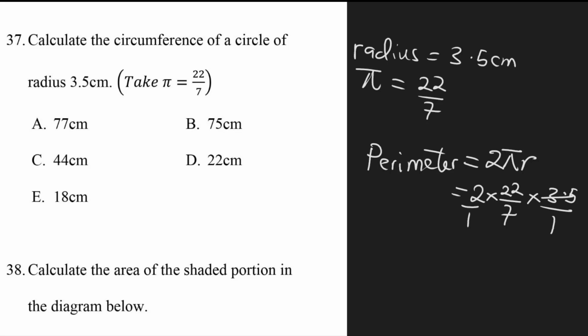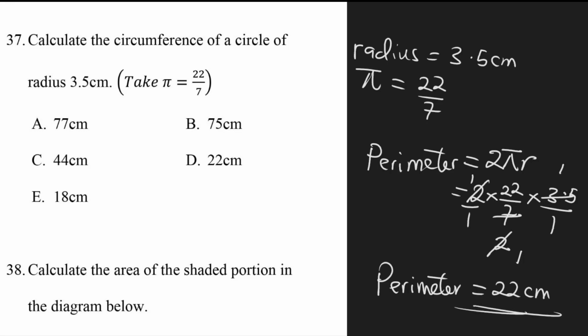Then 3.5 here is 1, 3.5 here is 2. And 2 here is 1, 2 here is 1. So you're left with only what? 22. So our perimeter, or the circumference, is equal to 22 centimeters. Note that the circumference of a circle is the same thing as the perimeter of a circle. So the answer is D, right? So let's move to the next question.